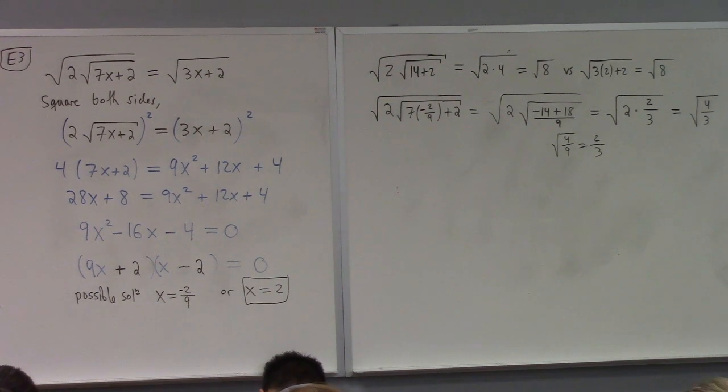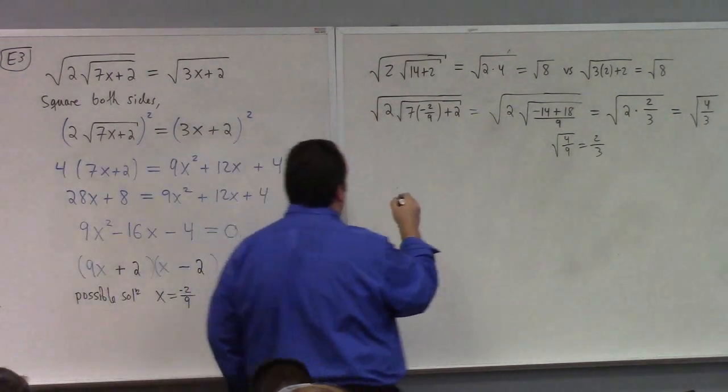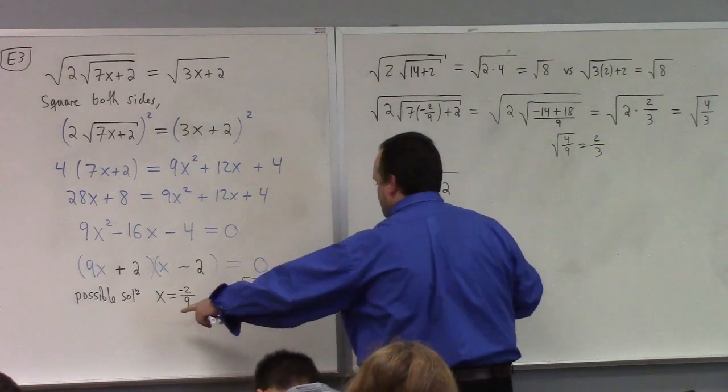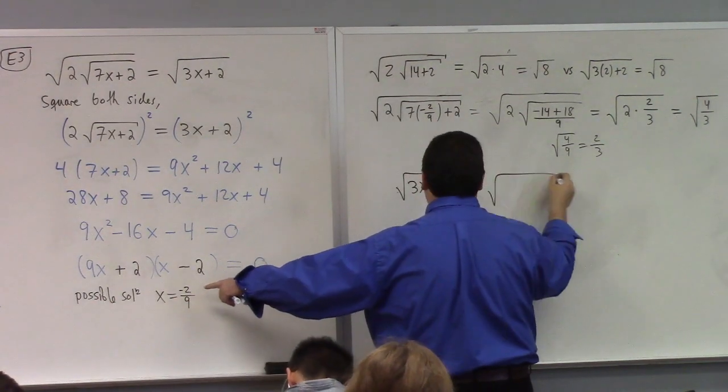So we need to plug the other potential solution into the right-hand side. How's it go? It should be easier, right? What is the square root of 3x plus 2? I'm putting x equals minus 2/9 to try to check if it works.